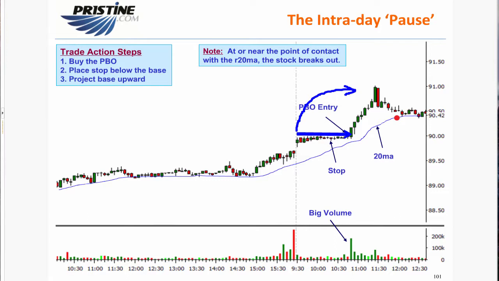The first reason is, and again, we will review this later, you do not want to buy the first PBS following a climactic buy setup. So again, I'll repeat that later here today, but you do not want to buy the first PBS following a climactic setup.